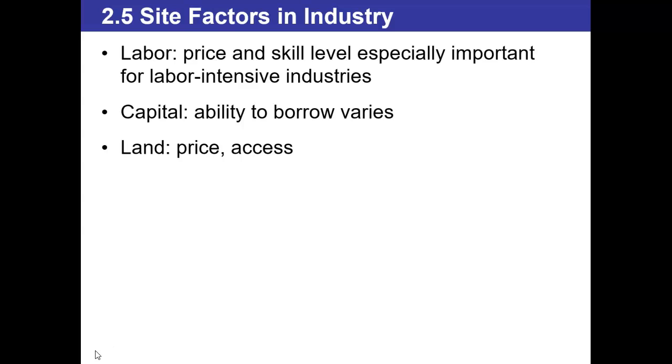Next, looking at capital, where might factories be able to borrow the amount of money necessary to start a business or start the production of a particular type of product? And lastly, what about the land? How expensive might it be to actually build an industrial factory somewhere? How accessible might that be? So all of these factors are going to play into site.